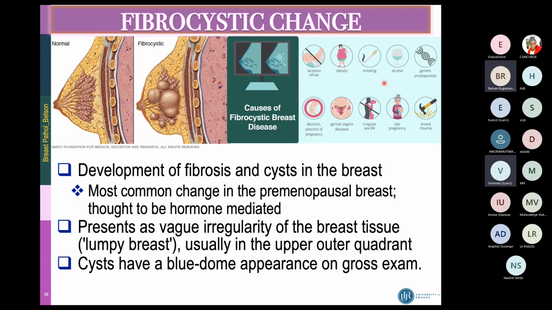Obesity, we mentioned, the smoking, alcohol, genetic predisposition. There are people who are genetically predisposed to develop this. For example, if a young girl develops these tumors, that means there is genetic predisposition. Those who don't have pregnancy or who have abortions, genital organs diseases, irregular sex life.